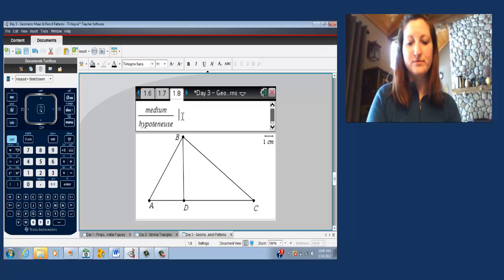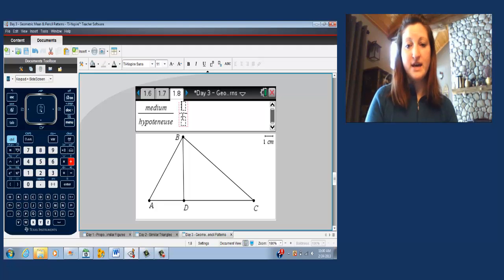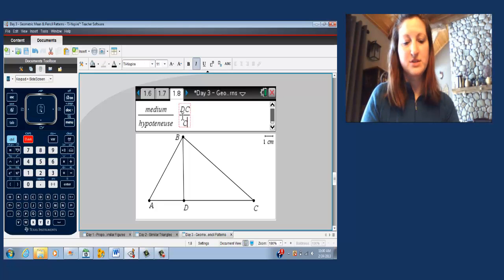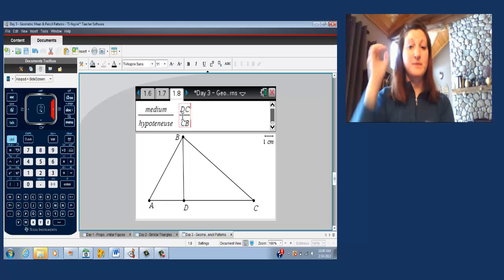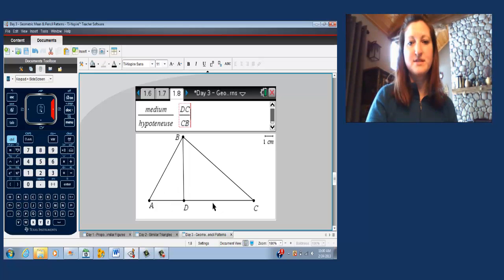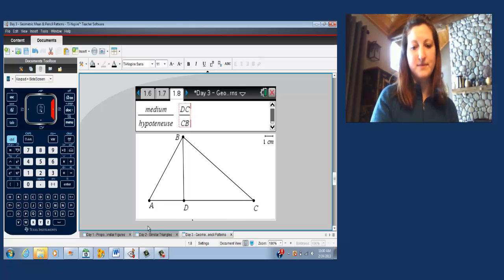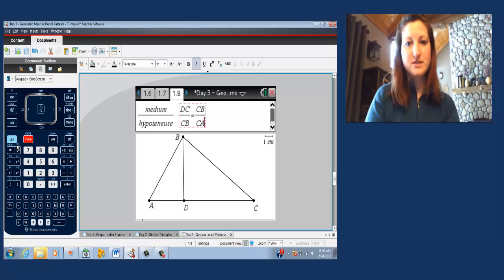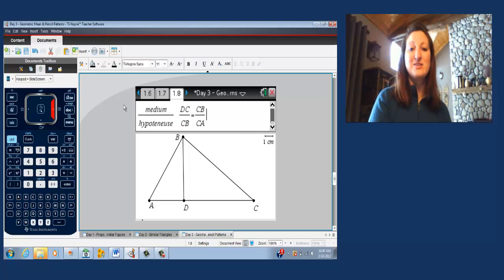So our first fraction is the medium side, so on the bottom, the side that goes from D to C, and then we go up the hypotenuse from C to B. Then, if you take a look at the great big triangle, ABC, the medium side is CB, and the hypotenuse is AC. So we set this equal to CB over CA, and again, we end up with that geometric mean, CB.